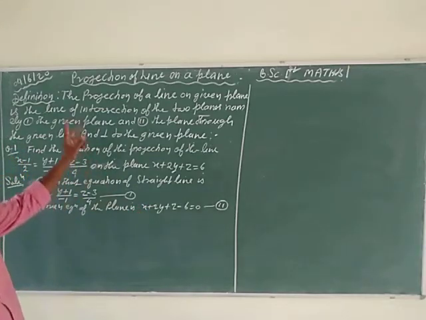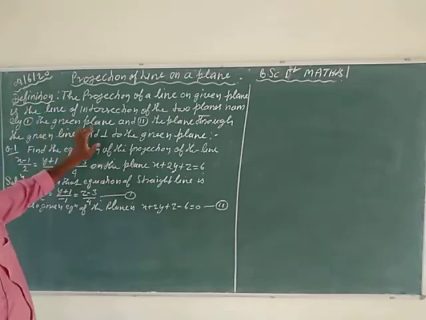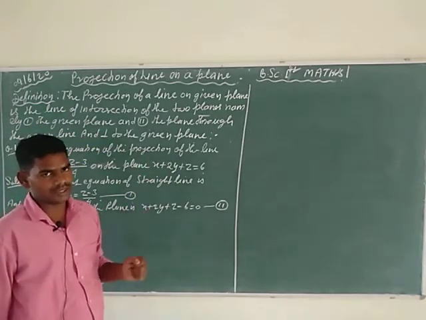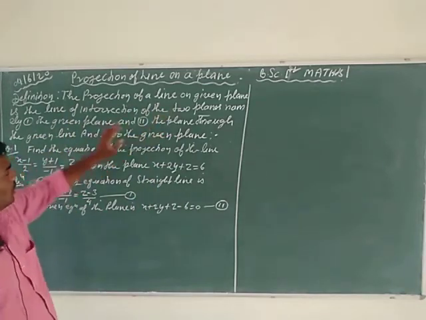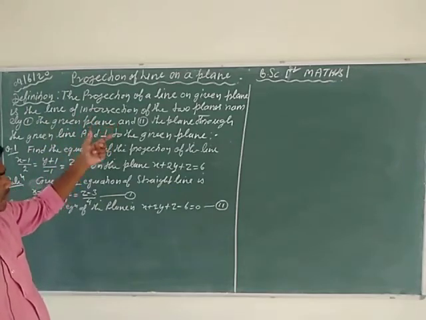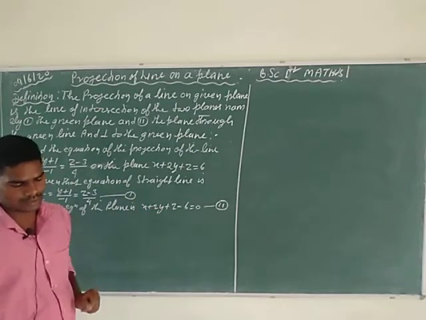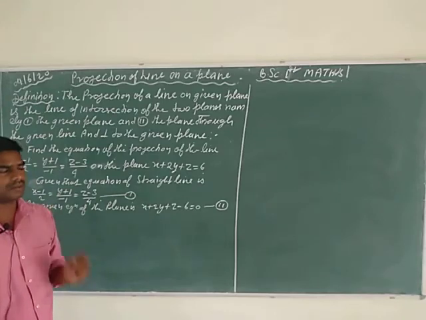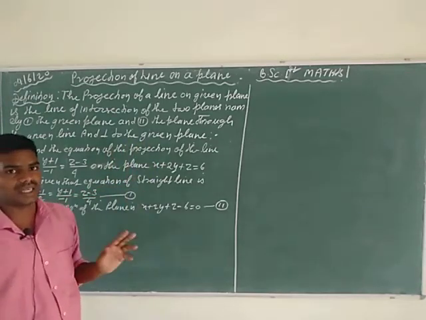So according to the definition, the first point is clear: the equation of the given plane. So this is the given plane, and the first point is complete in the question, because the projection of a line is the intersection line of two planes, one of them being the given plane. Only the second intersecting plane remains, so in this question we only calculate the second intersecting plane.